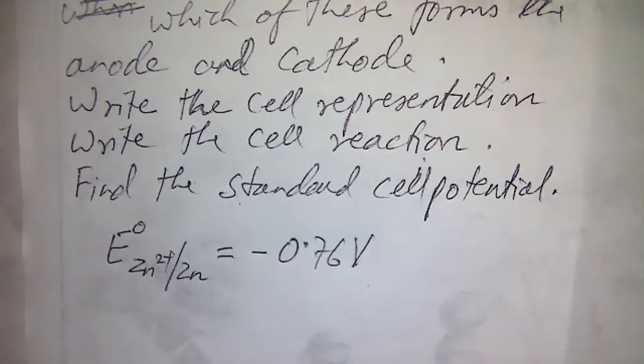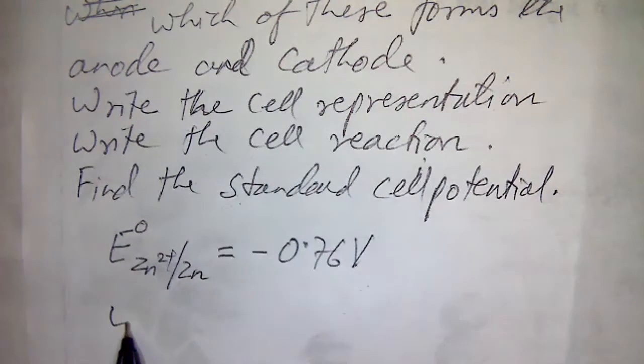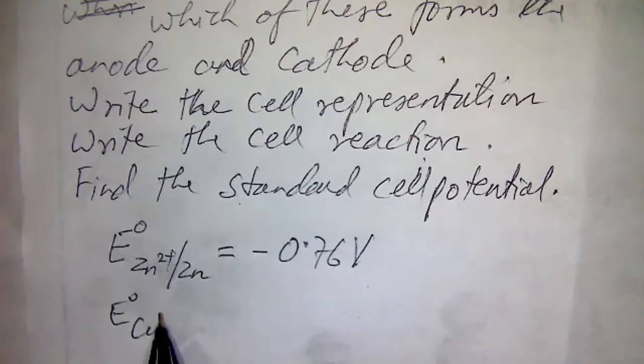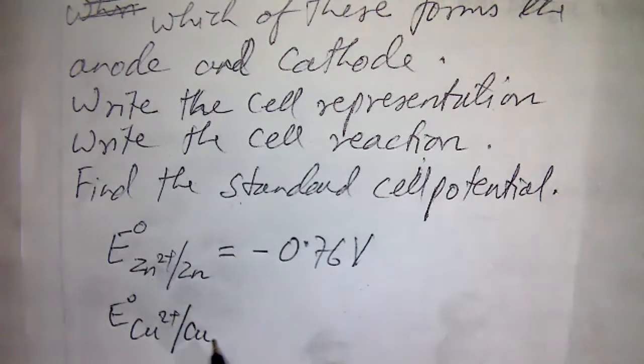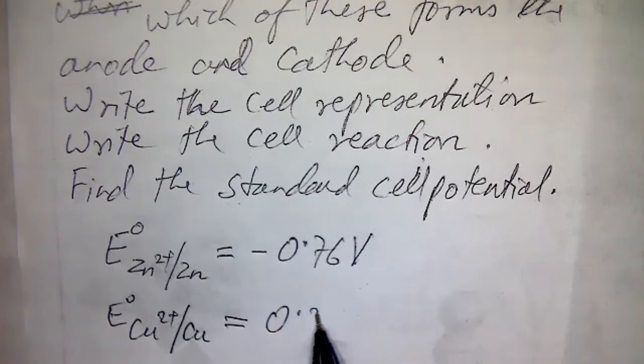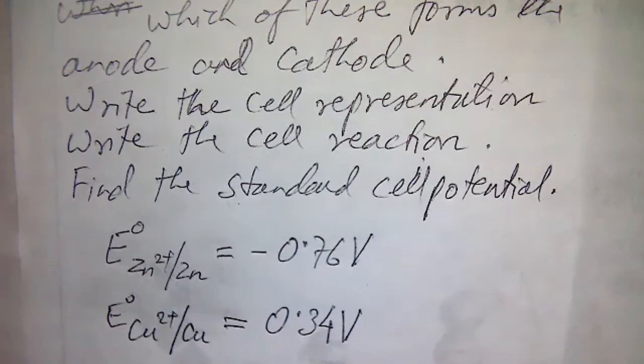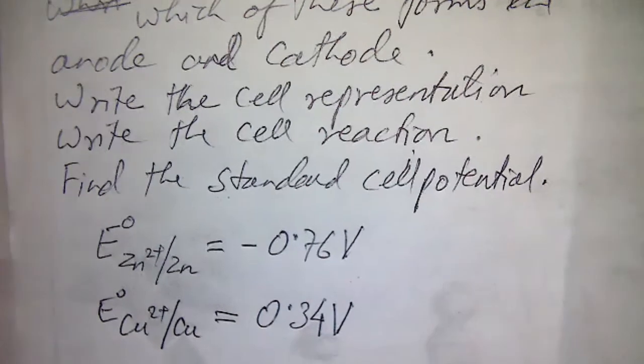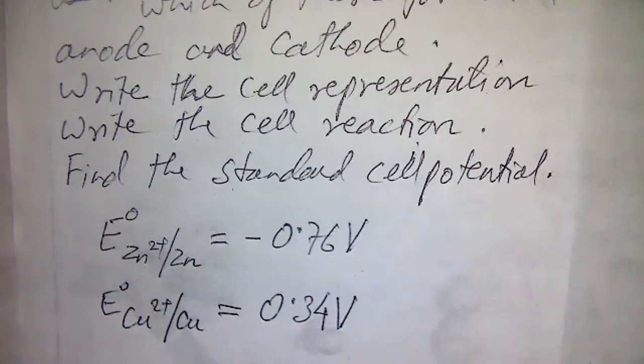And E naught copper ion to copper is 0.34 volt. So these two are given. Now from this, we have to state which of them will form the anode and which will form the cathode.